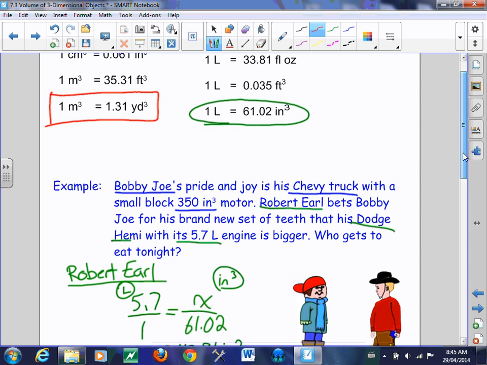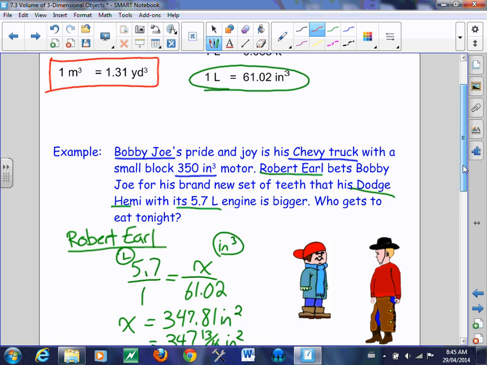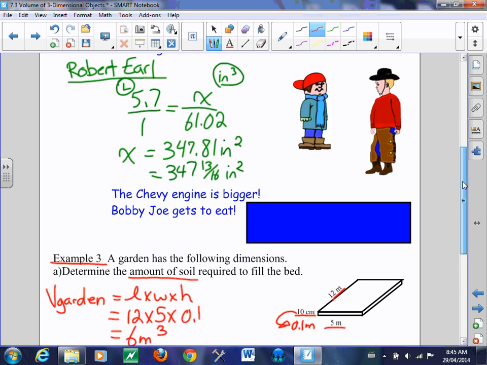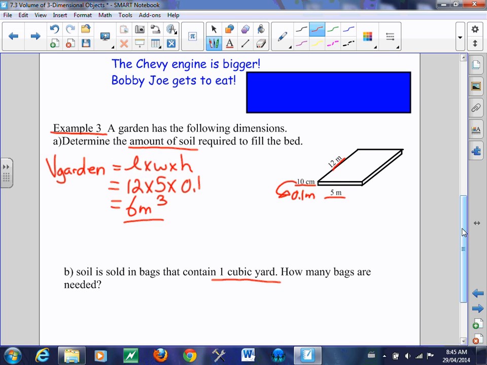So let's just revisit that. It's 1 meter cubed to 1.131. I might have to come back to that. So let's do the conversion. I'm going to convert meters cubed to yards cubed. So what do we know? We know we've got 6 over something equals x.